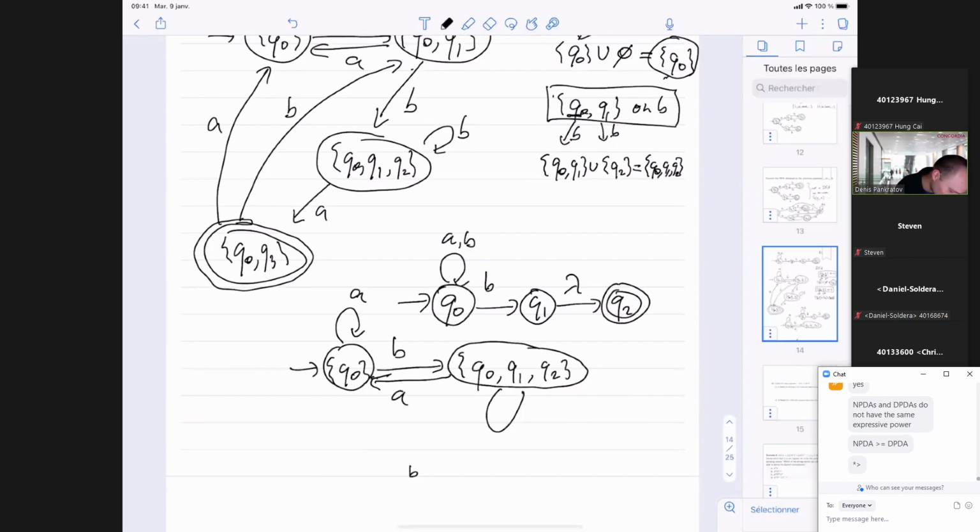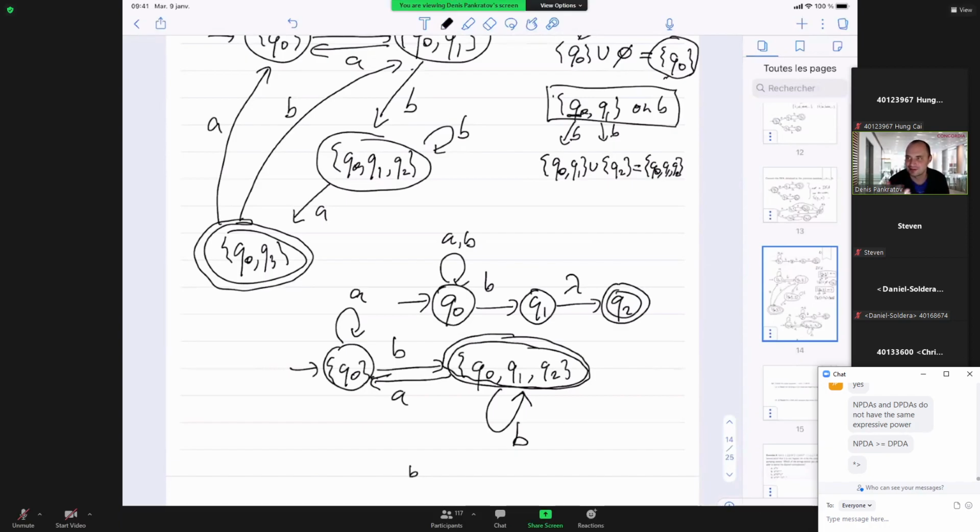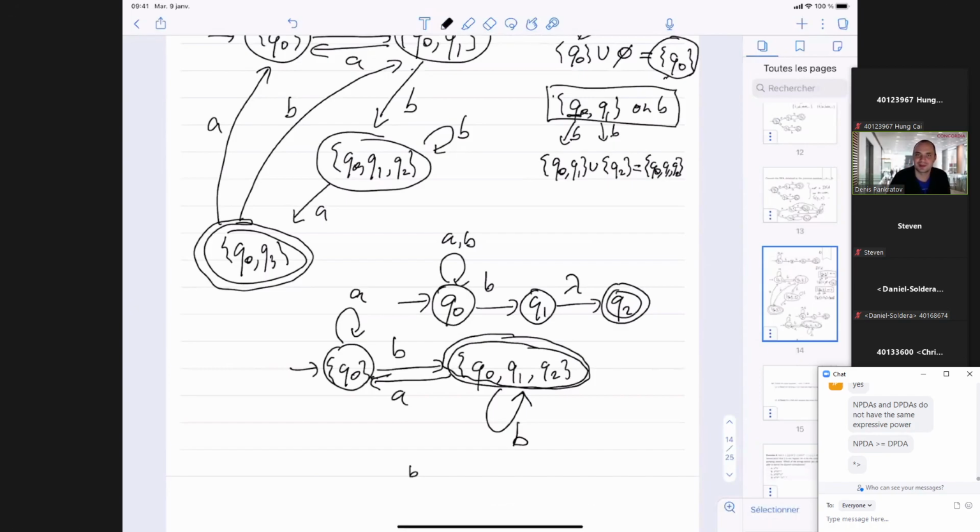So on B, you get a self loop like this. And then you need to consider what is the final state in this diagram. It is a state containing Q2. It would be this state over here. So when you have lambdas, the logic is exactly the same as before, but you just have an option of taking a lambda whenever possible. And you include that possibility.